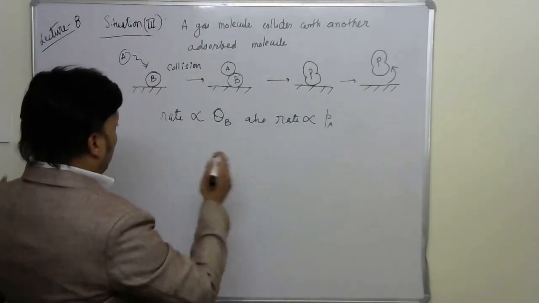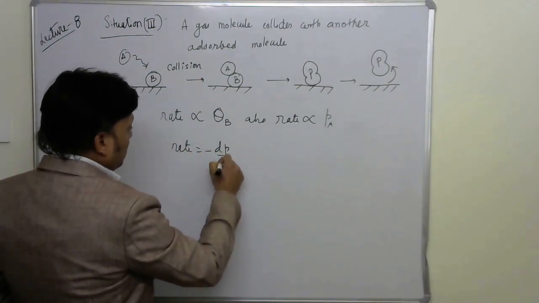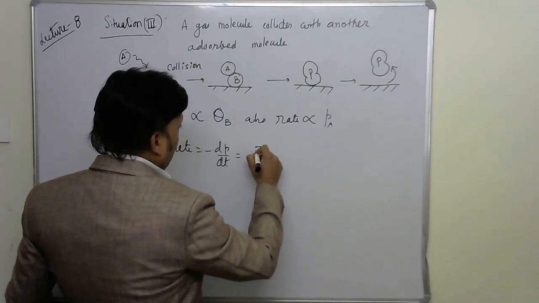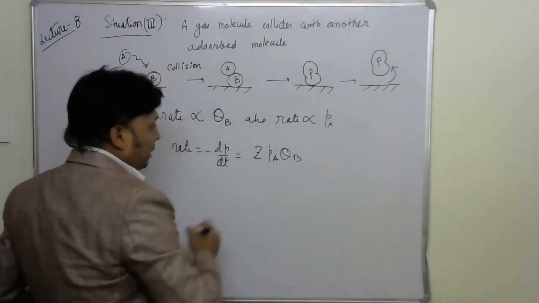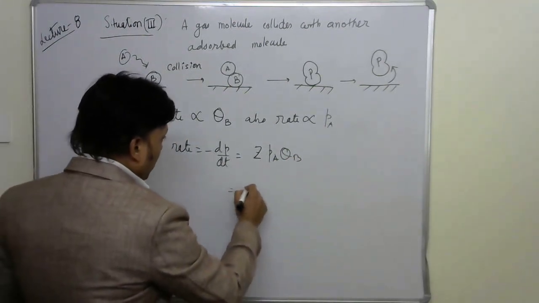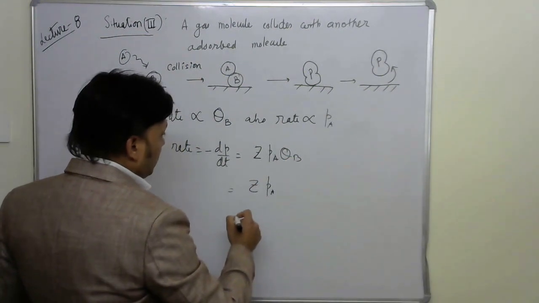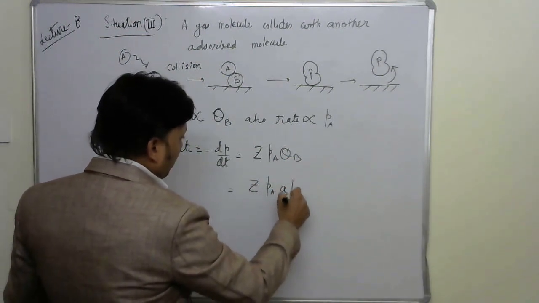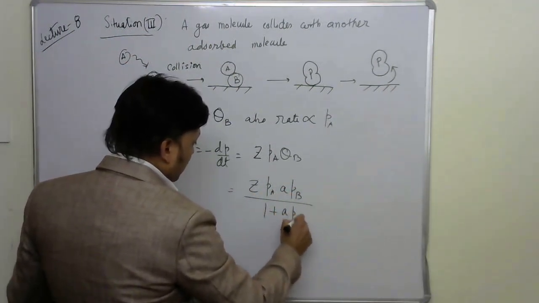If we combine the two, then rate is equal to minus dp dt is equal to Z multiplied by the pressure PA and multiplied by theta B. So we can write Z PA, and APB divided by 1 plus APB.